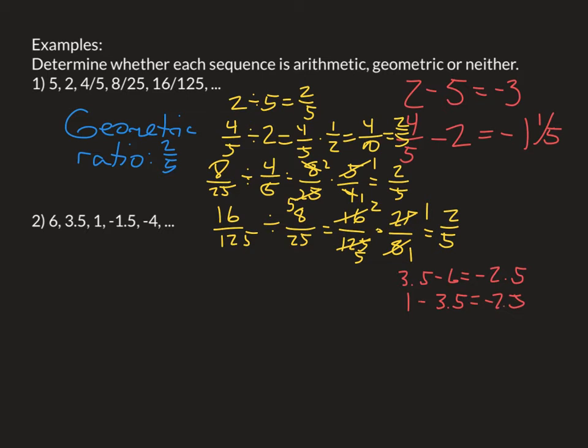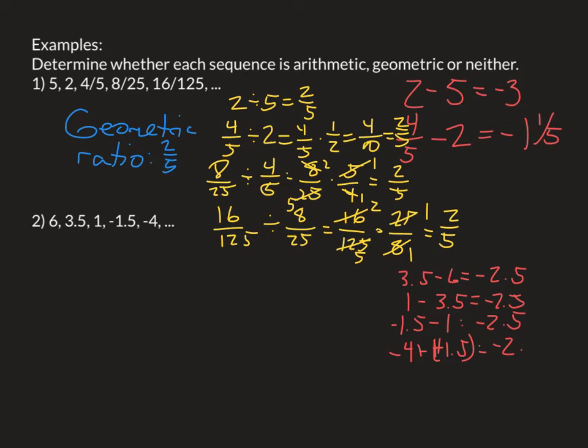That's promising. If I take negative 1.5 minus 1 more, indeed it's negative 2.5. If I take negative 4, subtract the negative 1.5, well, minus the negative means plus the positive, and so we are looking at, again, negative 2.5.